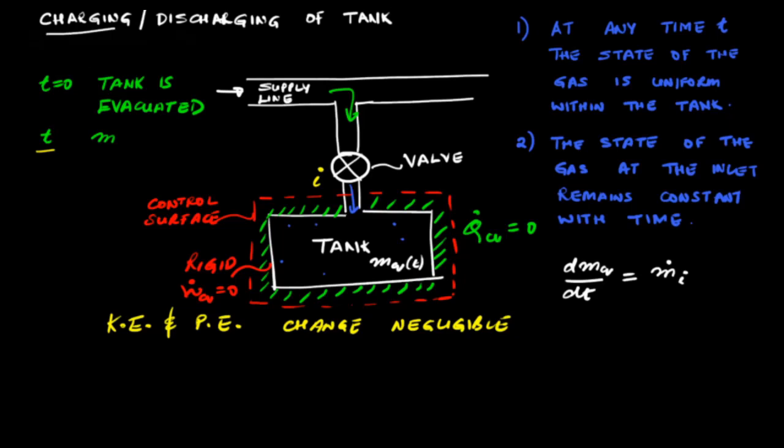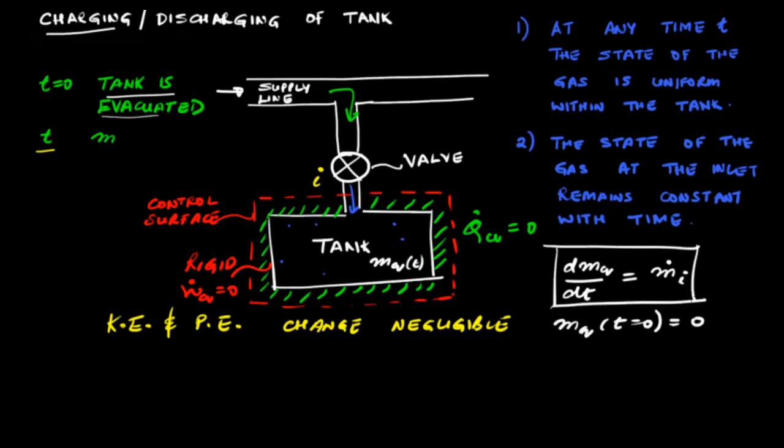Also note that initially the tank is evacuated, so m_CV at t equals 0 is 0. So this is one equation that we'll need for our analysis, and this comes from the principle of conservation of mass.